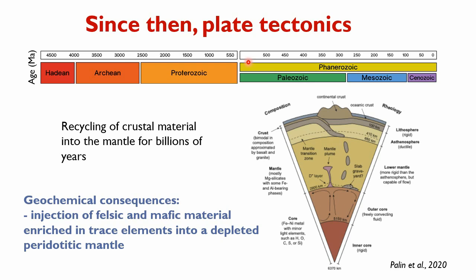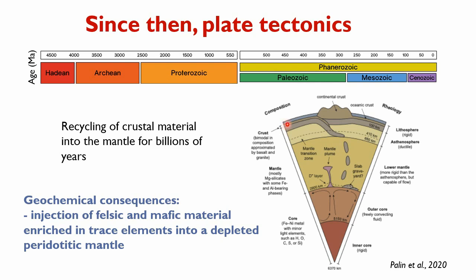So what happened with plate tectonics is that basically some material that was at some stage present at the surface of the Earth is sent back to the interior of the Earth in subduction zones. So it can be continental material, it can be material deposited in the ocean on top of the oceanic crust.